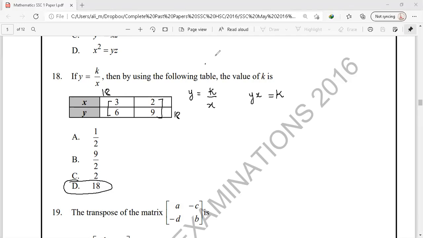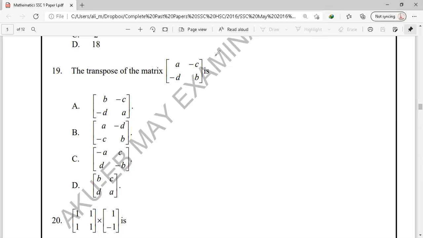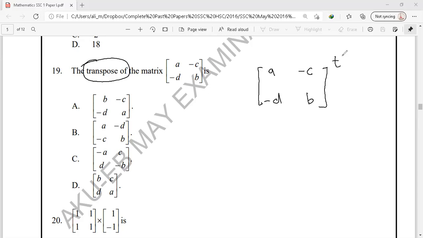Next, let's see question number 19. In question number 19, we have a matrix with entries A, minus C, minus D and B, and we have to find the transpose of this matrix. For the transpose of the given matrix, we flip rows into columns.